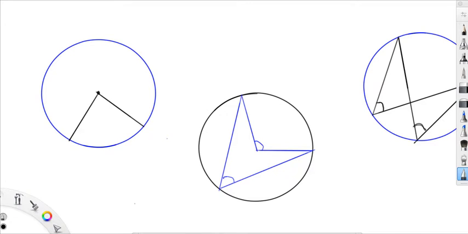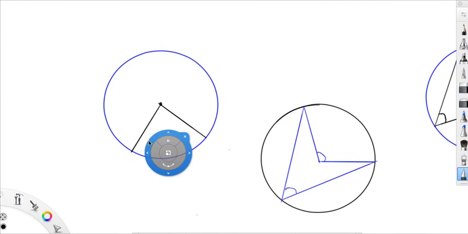So here we have two radii. If we join these two radii with a line like so, I'm just going to go for one swoop there. There we go. This is radius 1 and this is radius 2.